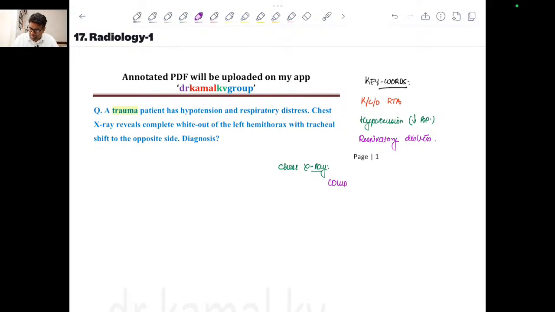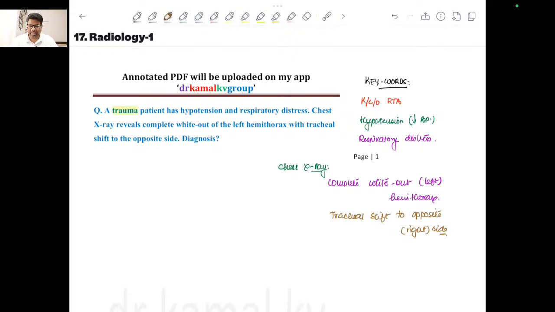Complete whiteout of left hemithorax. Okay, and this is associated with tracheal shift to opposite side. Now, opposite means right side. So, this is the classical question that has been given to us.